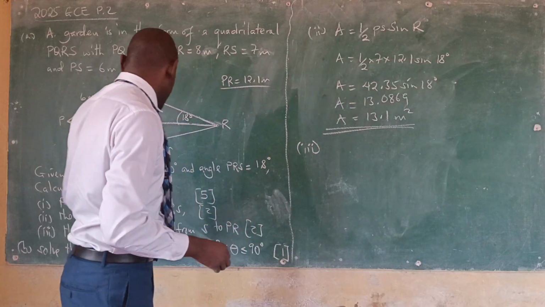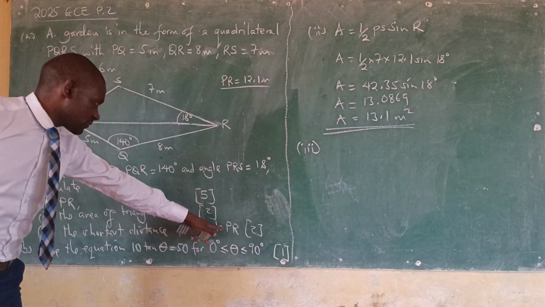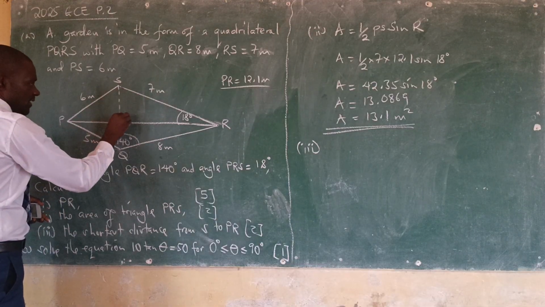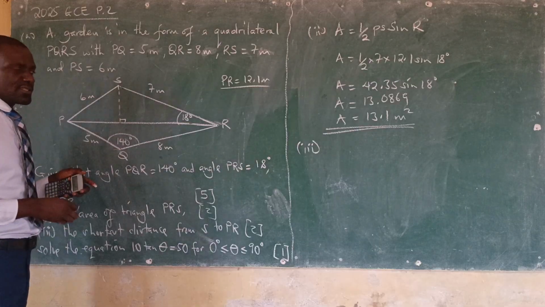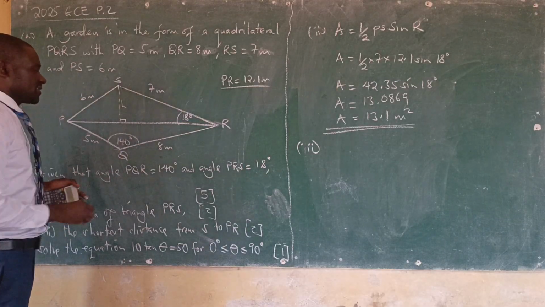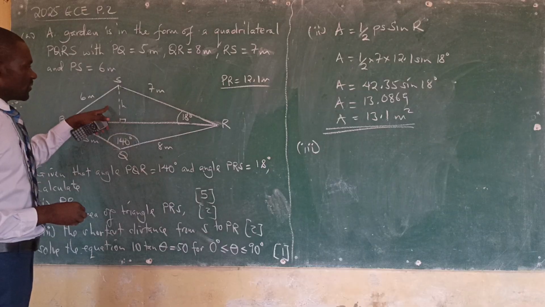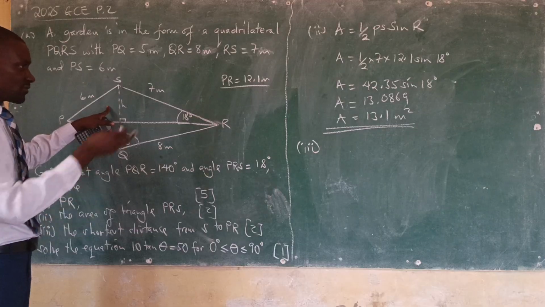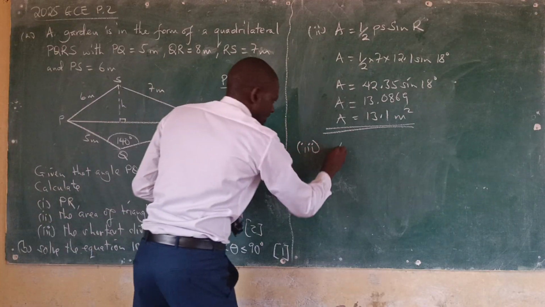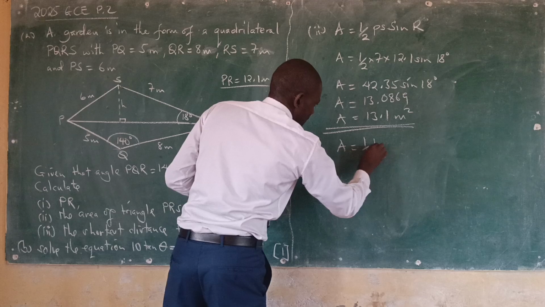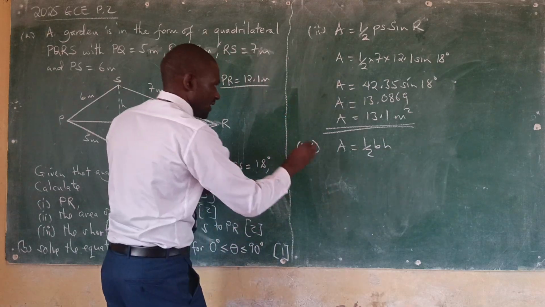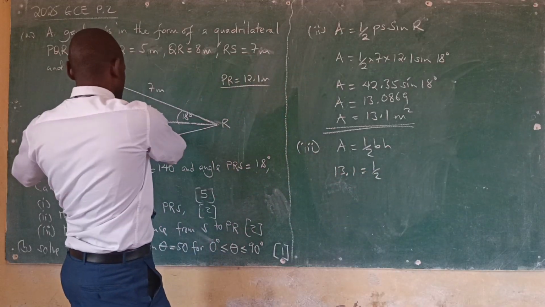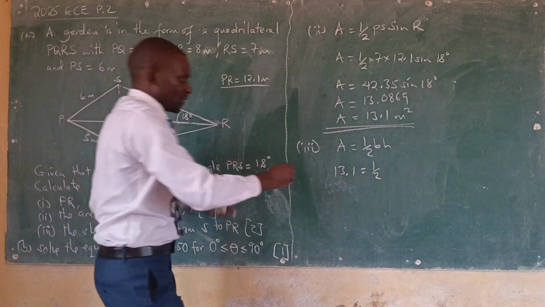The shortest distance from S to PR, it is this one. So the one that is perpendicular to the base, in short, it will be a height here. So we can actually use the formula for area of a triangle. Since we already have the area, we can simply say area is equal to half BH, where we say the area is 13.1, and then half the base, this length here, it is 12.1.